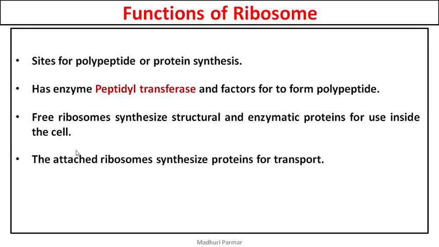The attached ribosomes, that is the ribosomes found on the endoplasmic reticulum, synthesize proteins for transport. As we have already studied in the endomembrane system, through these attached ribosomes the protein will be directly synthesized and packaged into the endoplasmic reticulum, from where it will go towards the Golgi apparatus, and from the Golgi apparatus it can finally be packaged in the form of vesicles and fuse with the cell membrane.